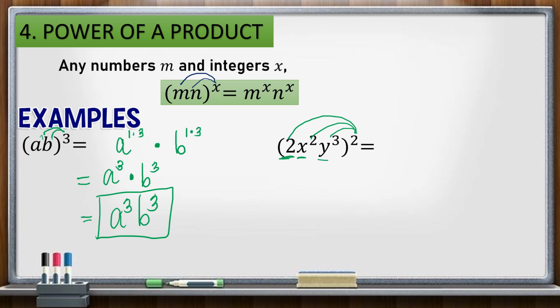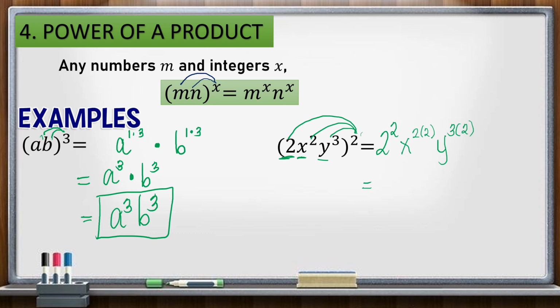Therefore, we have 2 raised to 2, then multiplied by x squared times 2, then y cubed times 2. Okay? So, therefore, this is now equal to 2 times 2.